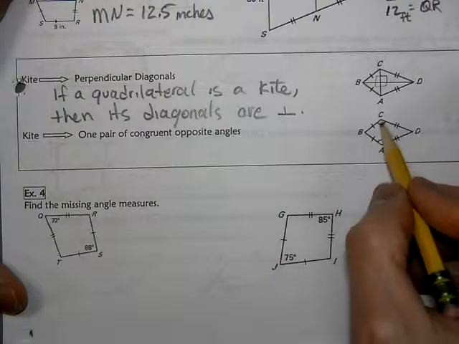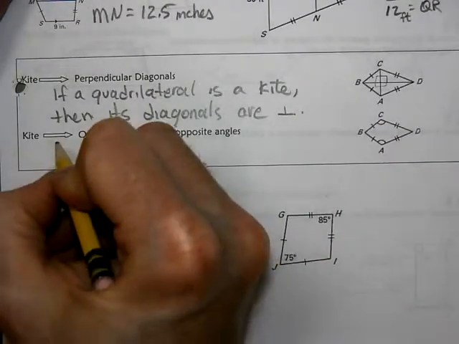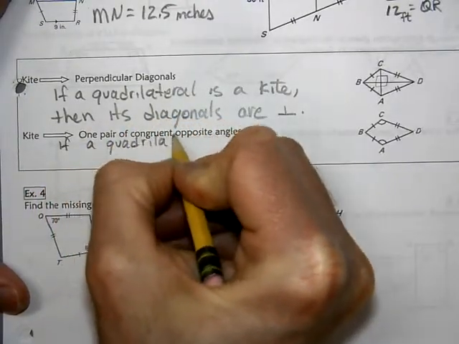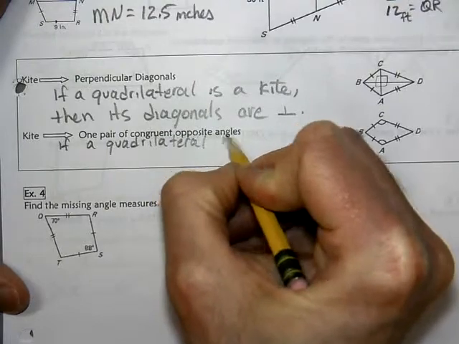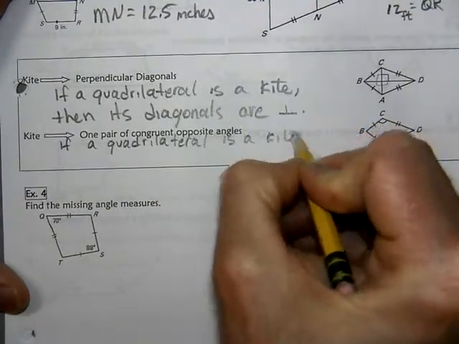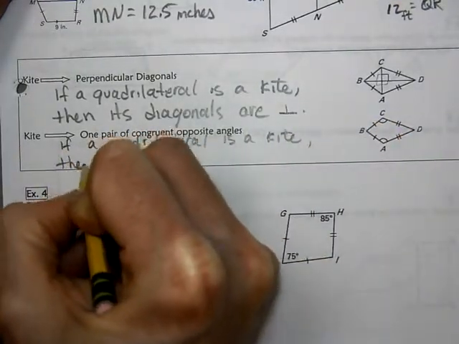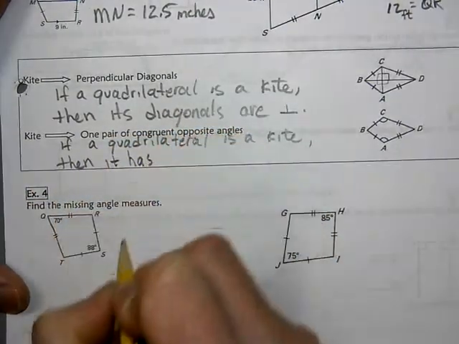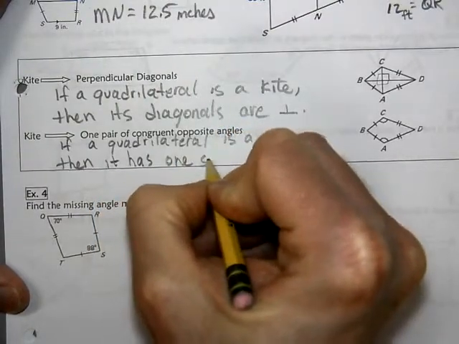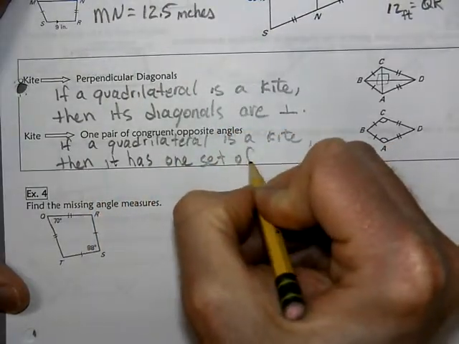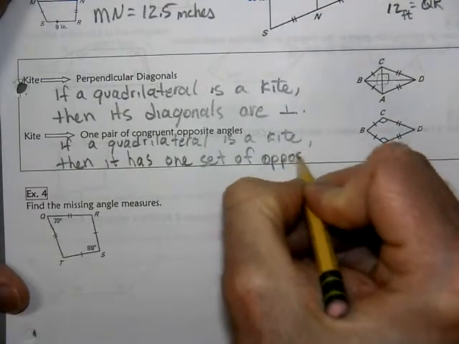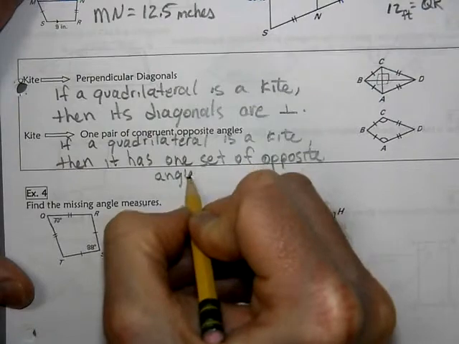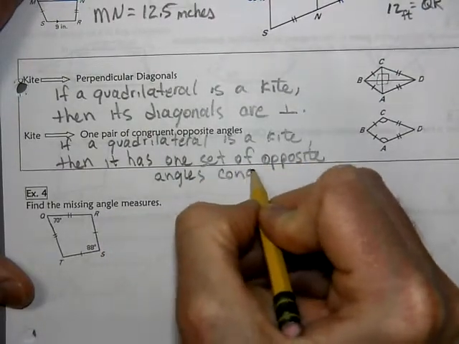You also will have one set of congruent angles. If a quadrilateral is a kite, then it has one set of opposite angles congruent.